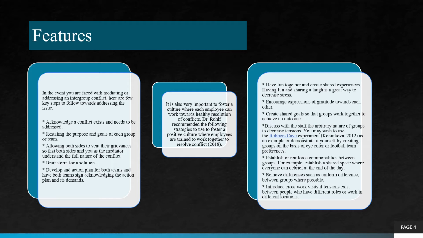Third, allowing both sides to vent their grievances so that both sides and you as a mediator understand the full nature of the conflict. Fourth, brainstorm for a solution as a group. Fifth, develop an action plan for both teams and have both teams sign acknowledging the action plan and its demands.